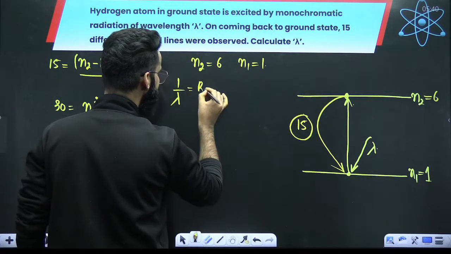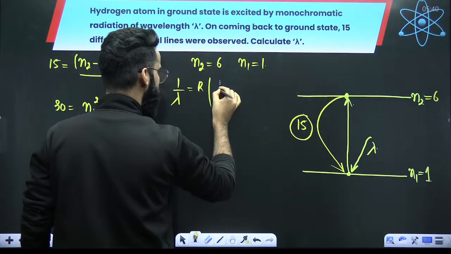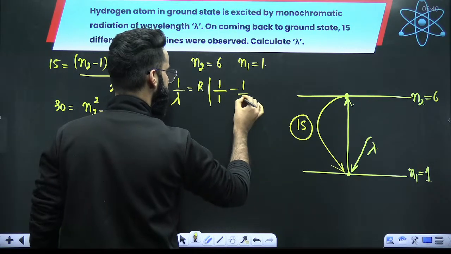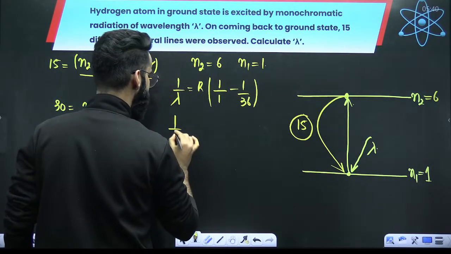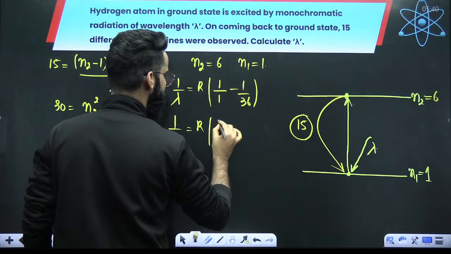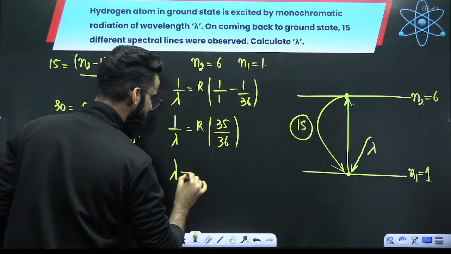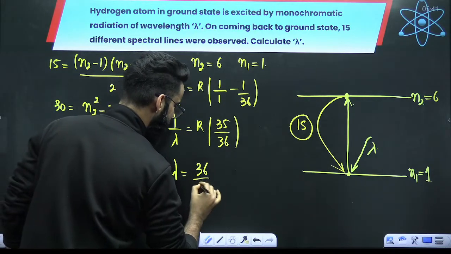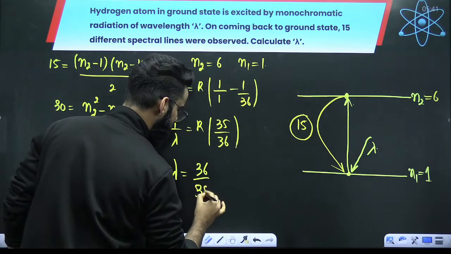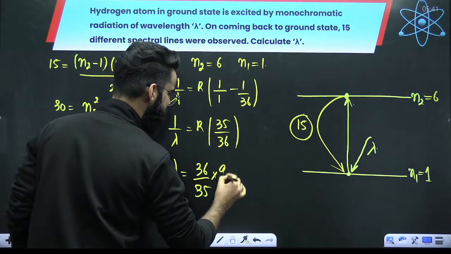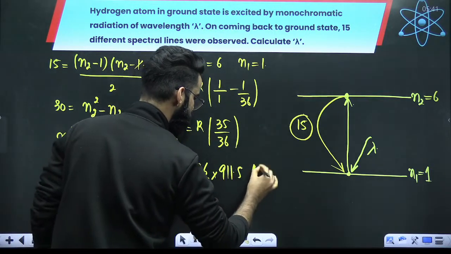1 by lambda is equal to R, hydrogen, Z is 1, times 1 upon N1 square minus 1 upon N2 square. So 1 divided by lambda is equal to R times 35 divided by 36. Take the reciprocal. So lambda emitted is equal to 36 divided by 35 multiplied by 1 by R, which is 911.5 angstroms.